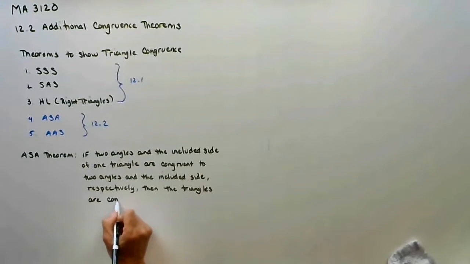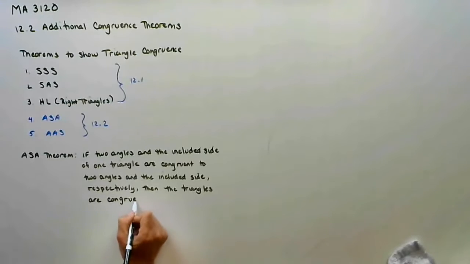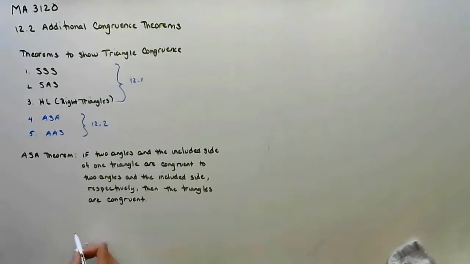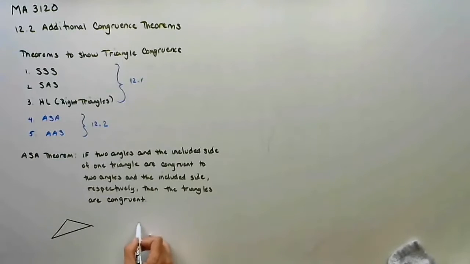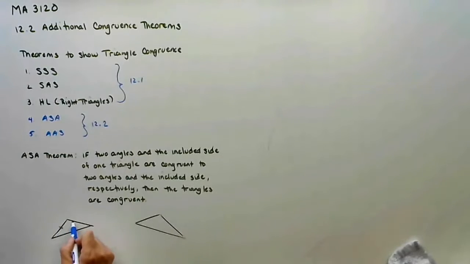So let me draw a picture and sketch what that would look like, okay? So the idea is, if I have a triangle and I have a triangle, and we are given that we have two sides and the angle between them.